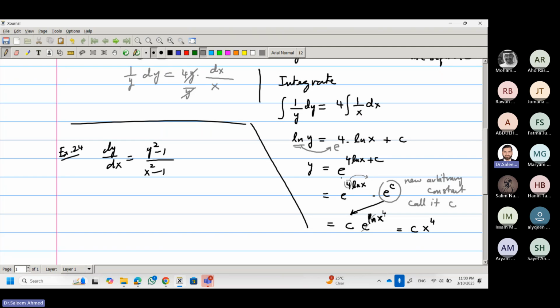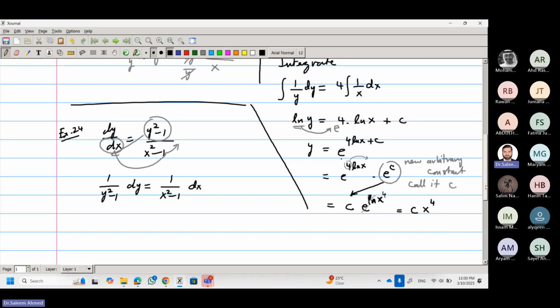So see, I will bring this y square minus 1 down here, and I will bring this dx up here. So it will become 1 over y square minus 1 dy equals 1 over x square minus 1 dx.